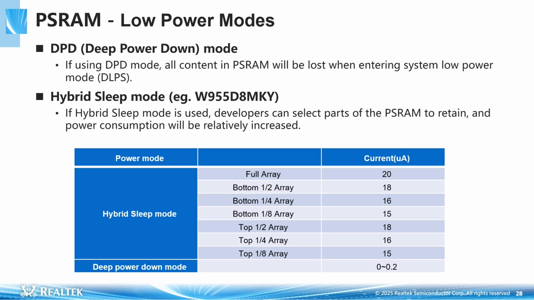In hybrid sleep mode, developers have the option to retain certain parts of the PSRAM, although this will relatively increase power consumption. Here, we provide some power consumption data for the hybrid sleep mode, allowing developers to better balance data retention and energy consumption in their application design, thus achieving the optimal balance between performance and energy saving.